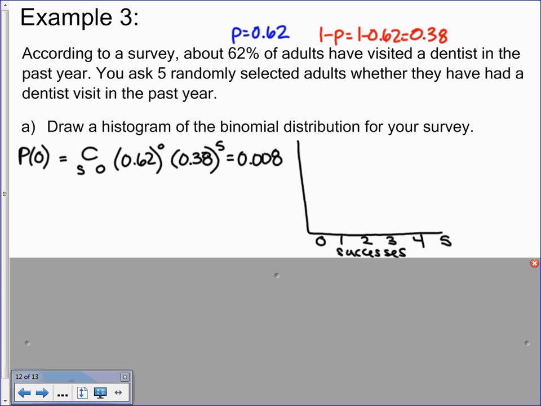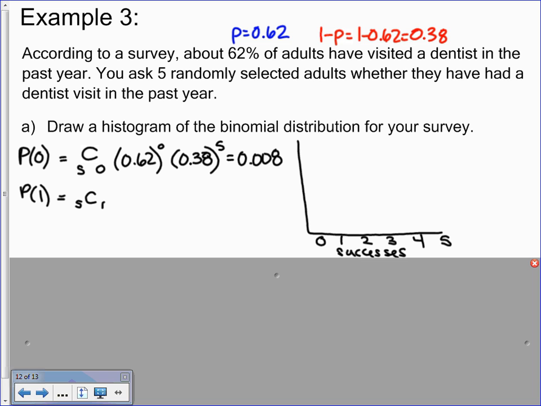I really want to repeat this over again for all the possible outcomes, the different number of successes that I could have. So my next possible success is the probability that one of the adults has visited the dentist in the past year. I'm going to write out this probability, and I won't do this for the other ones. But all I would be changing is my number of successes. So instead of 5 choose 0, it's now 5 choose 1.